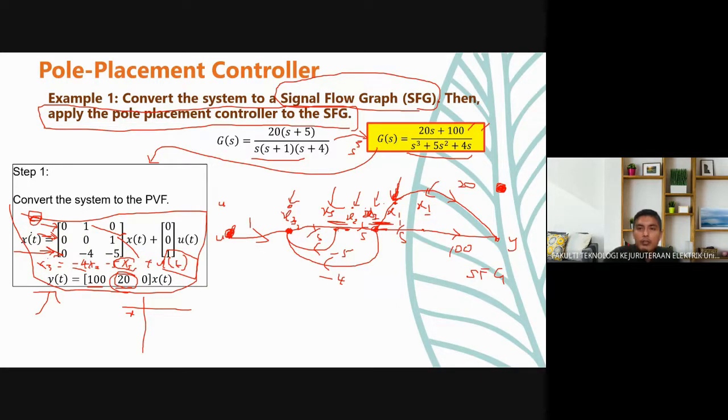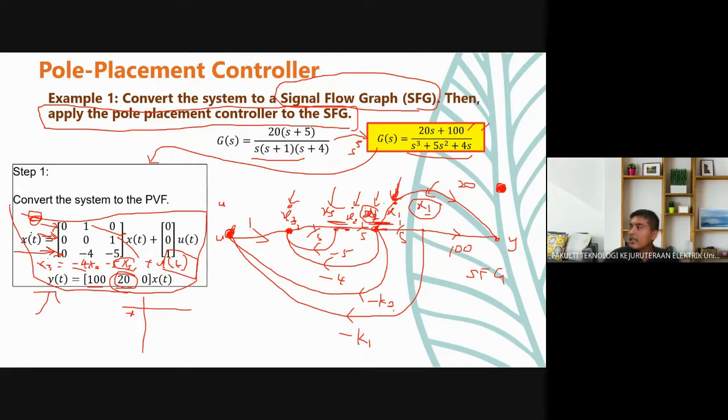So where do you need to start? You need to start from x1. From x1 you have the first, negative K1. And then you need to apply the second feedback gain from X2 to the input. This is the second feedback gain.